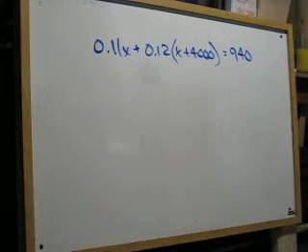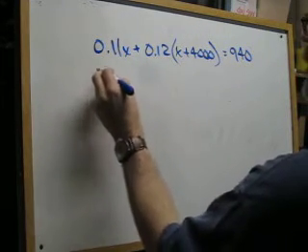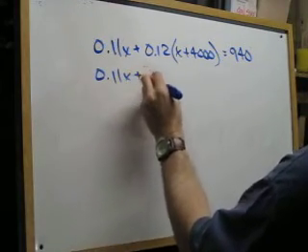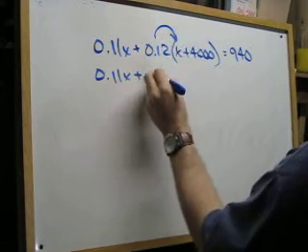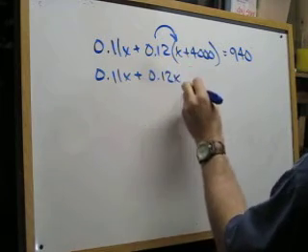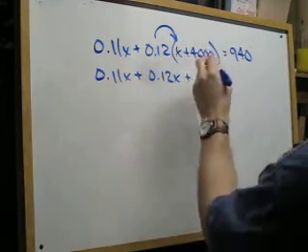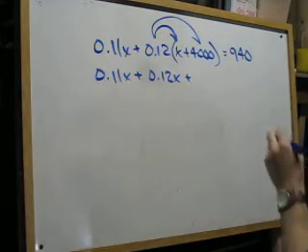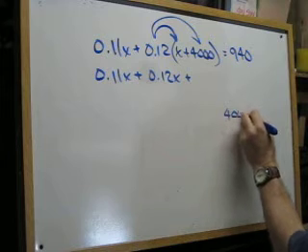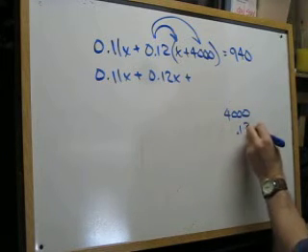Alright, first thing we're going to do is our distributive. 0.12 times x gives me 0.12x, and 4,000 times 0.12. Let's just go ahead and multiply that out so you can see where it comes from.